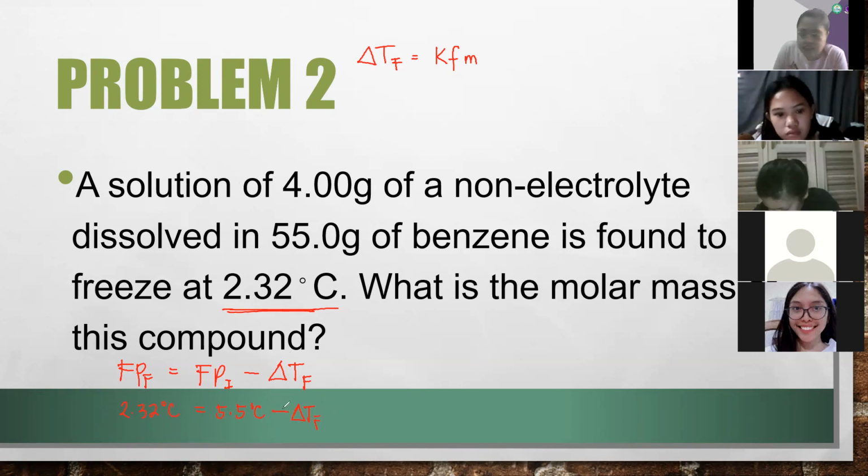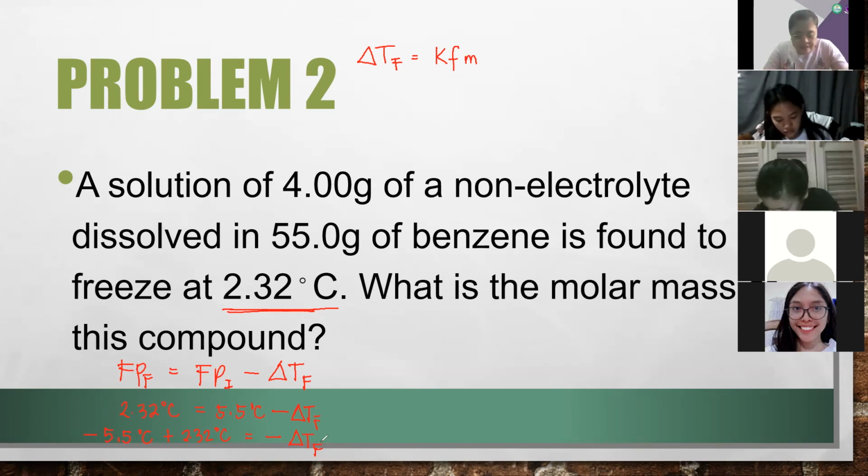So since this is subtraction, we will do transposition. Itatranspose natin itong 5.5 sa kabila. This becomes negative 5.5 degrees Celsius plus 2.32 degrees Celsius. Ang maiiwan dito, negative change in the freezing point.